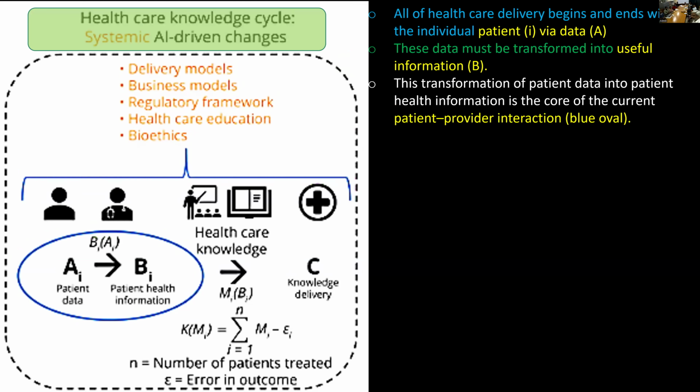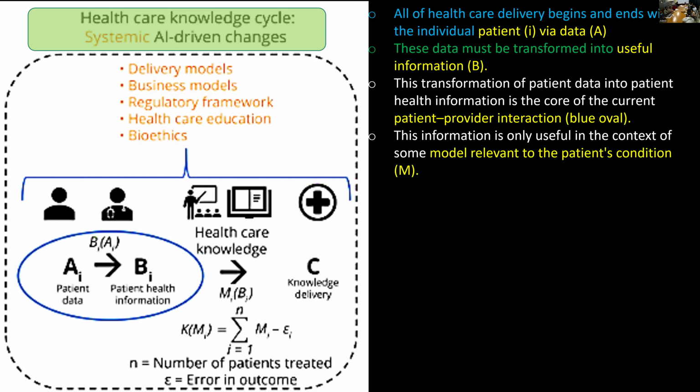Then the interaction of the patient data and information is called an interaction in computer terms, when you make it into data from that. M in this model is the condition, let us say diabetes or hypertension. M is the condition you're talking about.